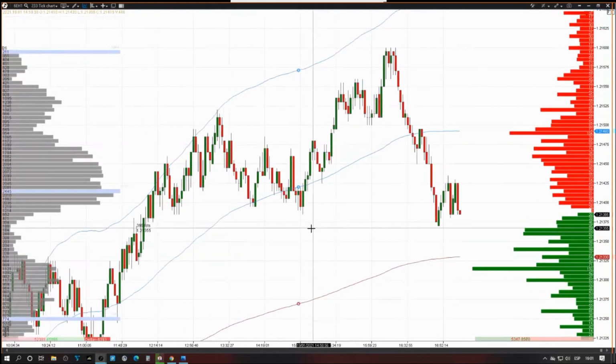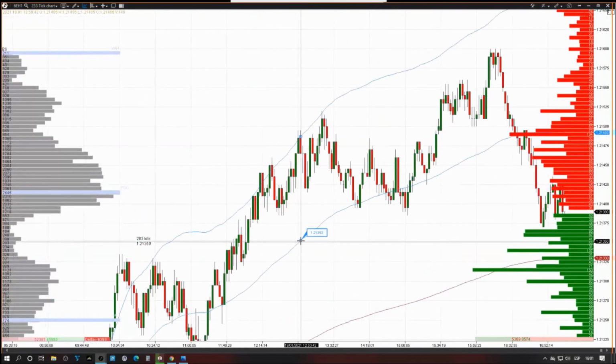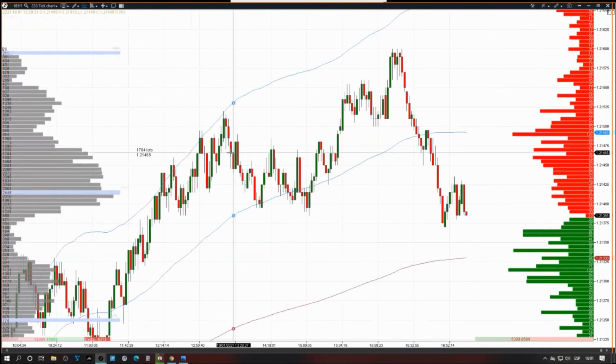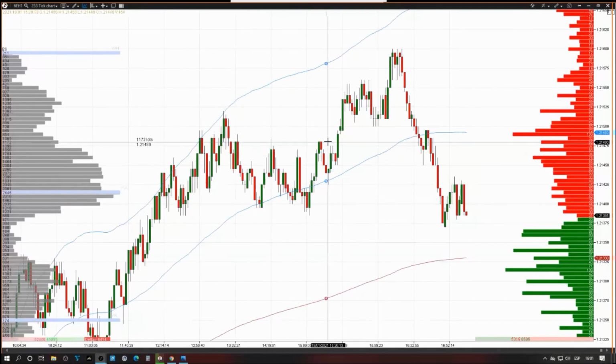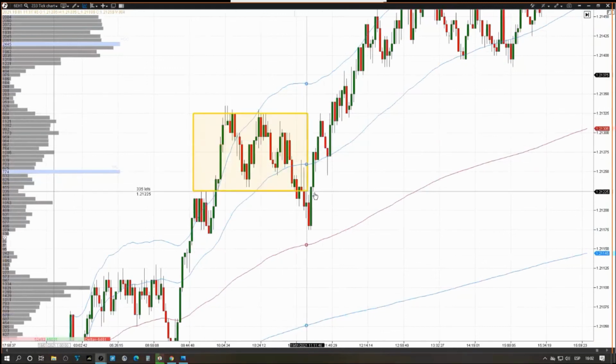And how do I use it? Well, look, for example, we can see rotations. A rotation is when you see the bars going up and down many times. Let me find a good one. For example, here, let me highlight it.